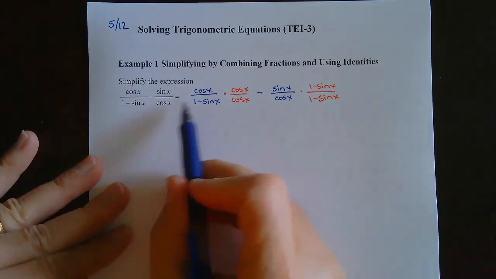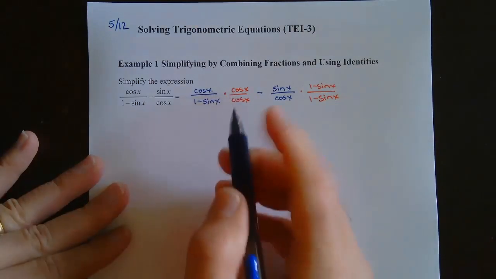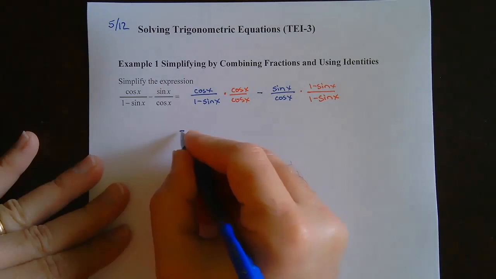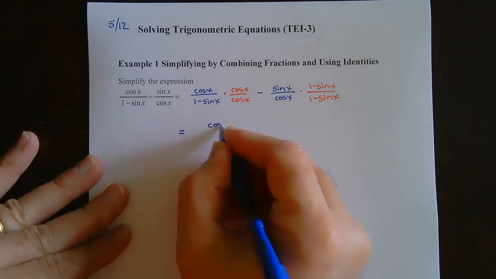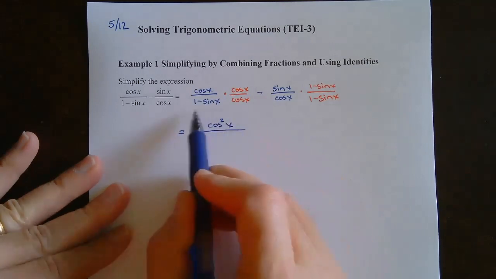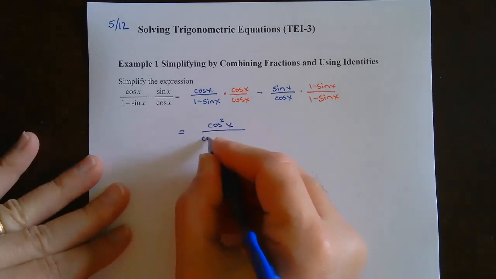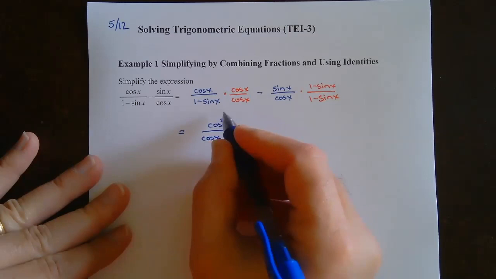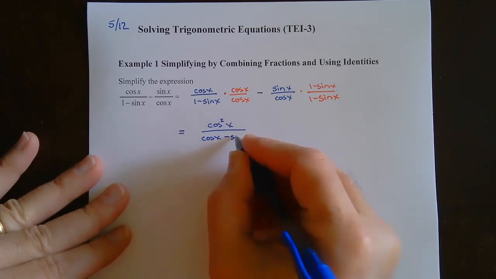Okay, so then when we multiply these, we're going to get cosine squared x, right? So this is equivalent to cosine squared x over cosine x minus sine x cosine x.